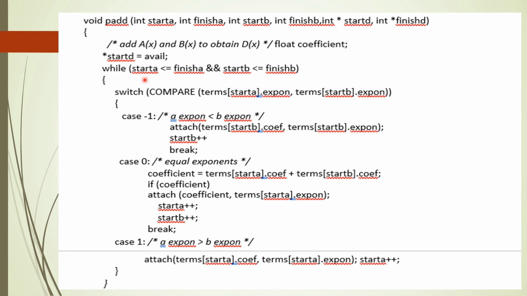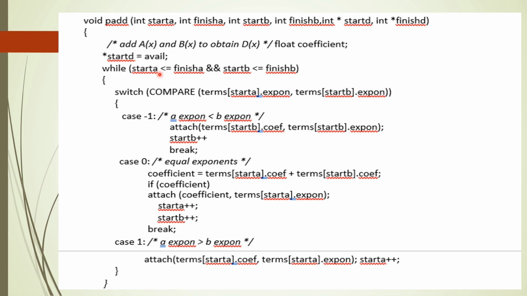As long as you have terms from both polynomials, you stay inside this while loop. Start a is pointing to the beginning of the first polynomial, finish a to the ending of the first polynomial. Start a must be less than or equal to finish a, meaning you have terms in the first polynomial, and start b is less than or equal to finish b, meaning you have terms in the second polynomial.